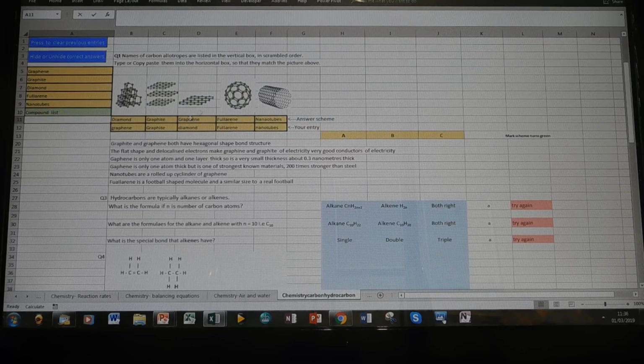Anything that involves a number, and a number could even be a sequence. Sequences are in maths, and shapes are in maths. So here's something about the shapes of carbon allotropes and which is the right shape.